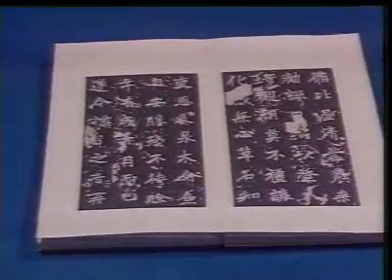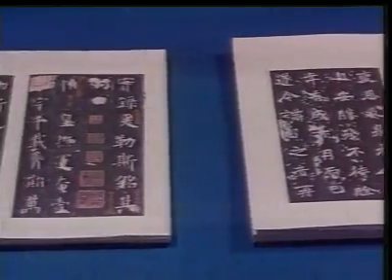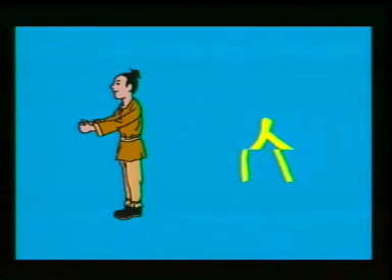Well, I'll tell you the evolving history of some characters. We have learned 人, and you see, this is the original character 人. It is just like an erect man. You can see the head, body, arms, and legs. Can you see from that?